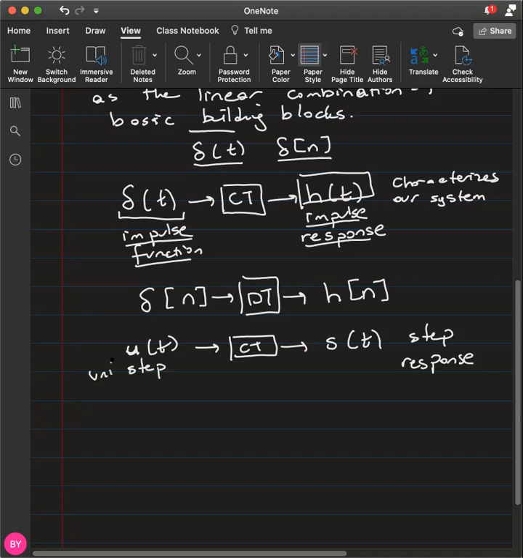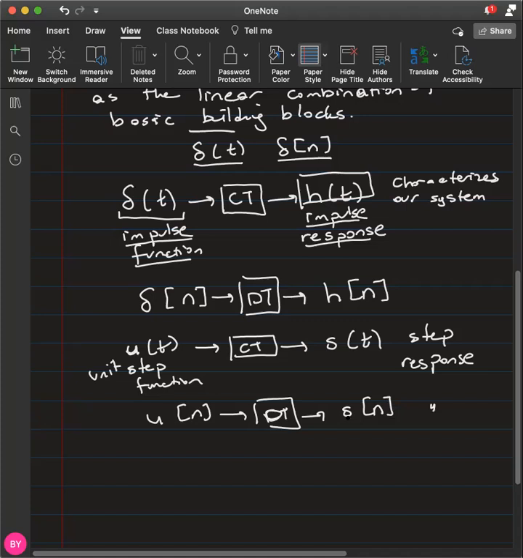The unit impulse function is the input and the impulse response is the output. The unit step function is the input and the step response is the output. Similarly, if I have u of n as my input to a discrete time system, I will have s of n, which is again the step response of my discrete time system.